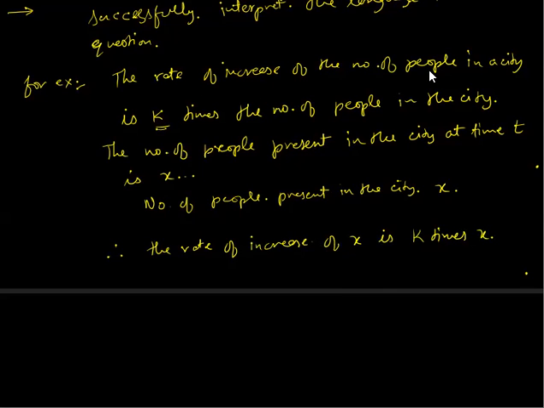The rate of increase of the number of people in a city is k times the number of people in the city. Okay, if the number of people in the city is x, therefore the rate of increase of x is k times x.